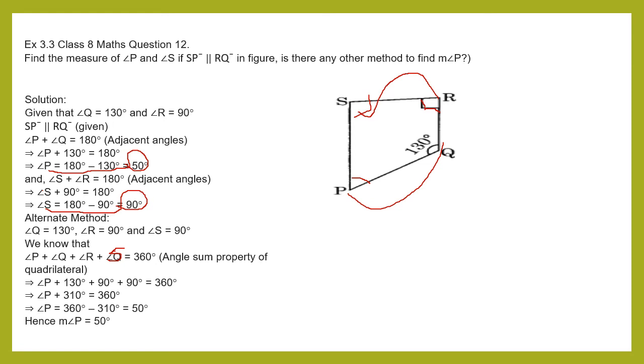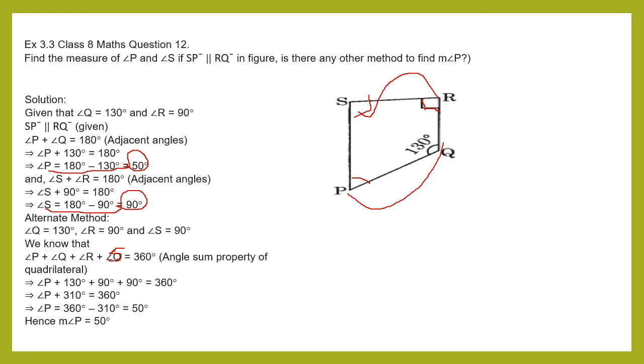So the value of P is 50 degrees. If we solve the problem with the adjacent angles property, then we get the value of P as 50 degrees. Then if we go through the angle sum property of a quadrilateral also, we get the value of P as 50 degrees. The value never changes. If we solve the problem by any method, the value of the angle never changes.